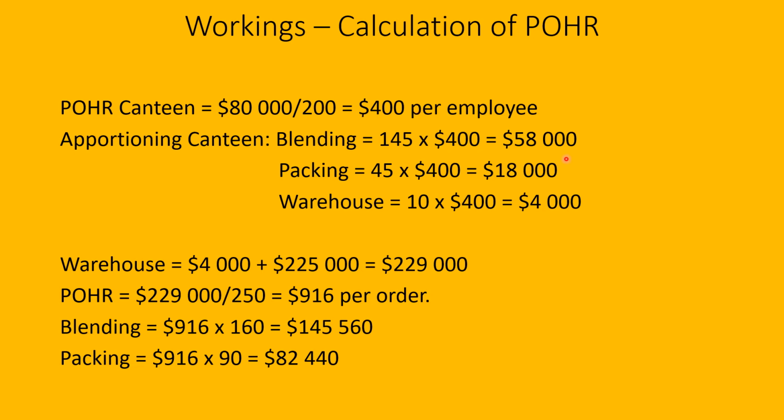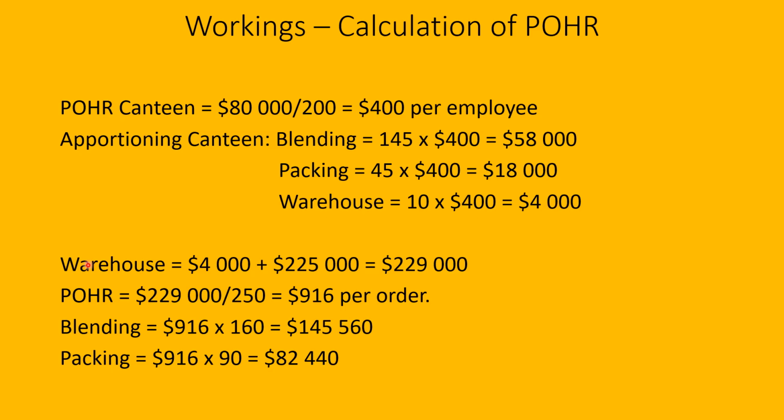We get 58,000 for blending. Packing had 45 employees using the canteen, and we multiply it by $400 per employee, we get 18,000. The warehouse had 10 employees using the canteen service, so we multiply it by 400 per employee, we get 4,000. So these are the three amounts that would be apportioned from the canteen. If you notice, they would equal 80,000, right?